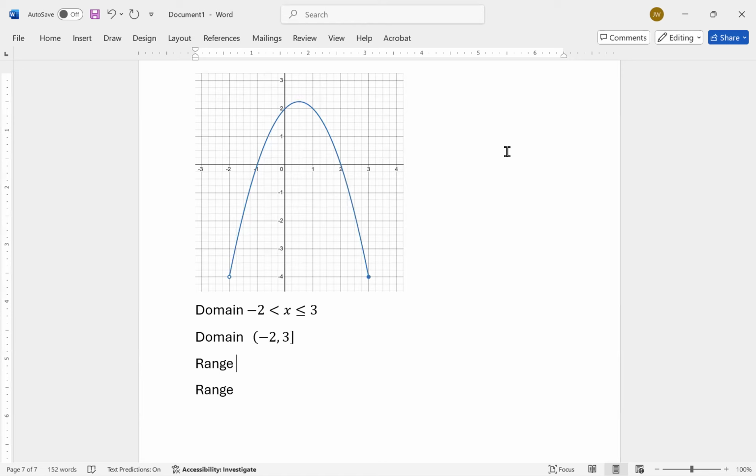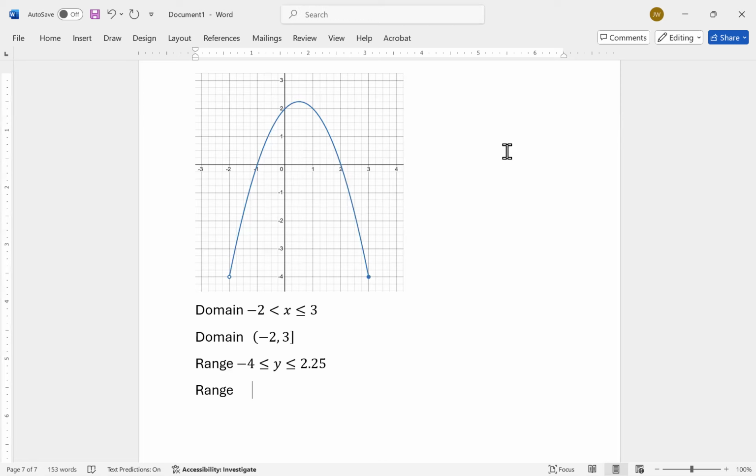The range is the y values go from -4, can touch -4, and it looks like we can touch 2.25 up top there.